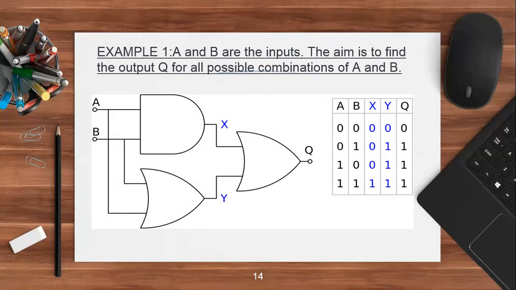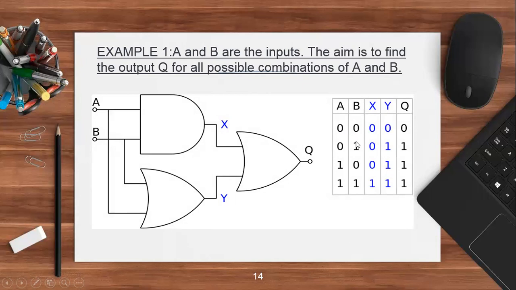And if A is 0, B is 1, X is 0, because it is an AND gate, and in an AND gate you have three positions off and only one position on. Then Y. A, B: A 0, B 0, Y is 0.